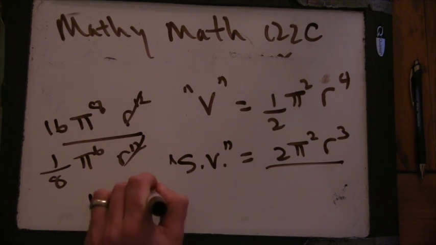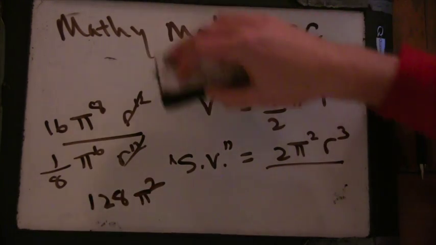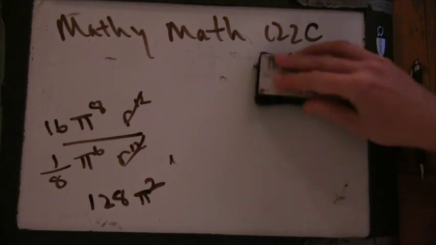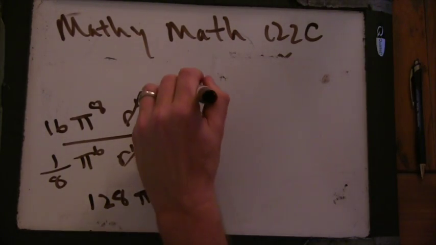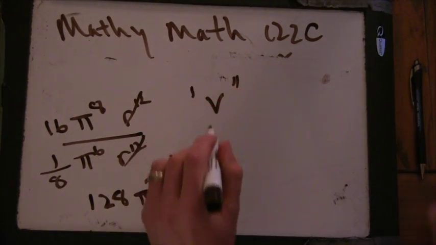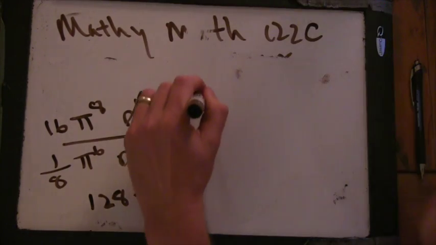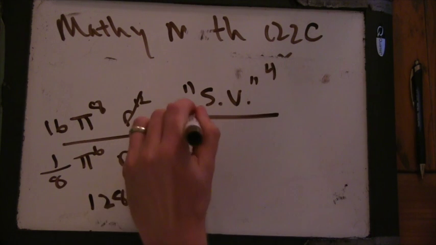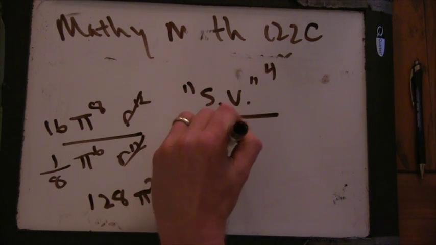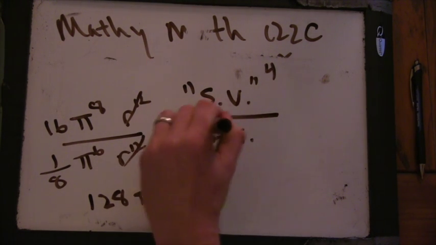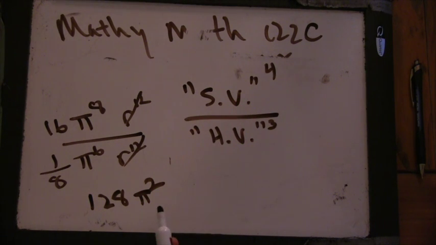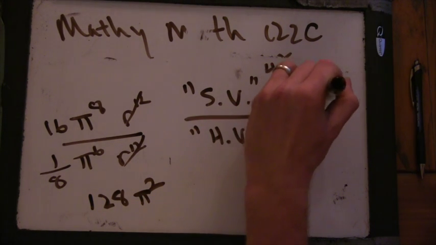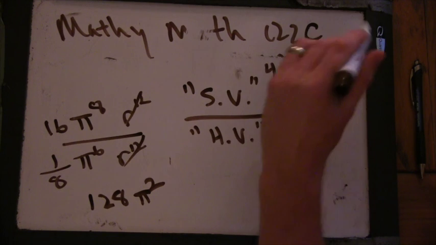Pi squared. So our 4-dimensional formula is going to be surface volume to the 4th over hypervolume cubed, and this is going to be 128 pi squared.